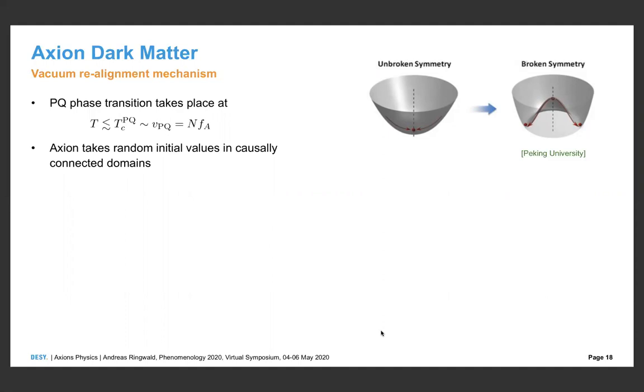At the beginning, the axion is essentially massless, because the QCD effects appear only around temperatures of the QCD scale.